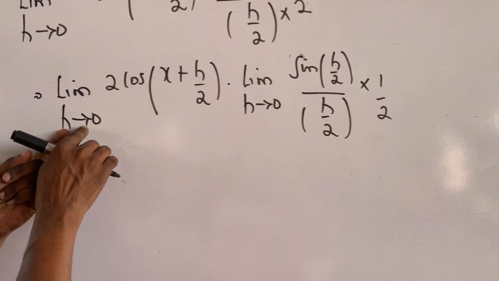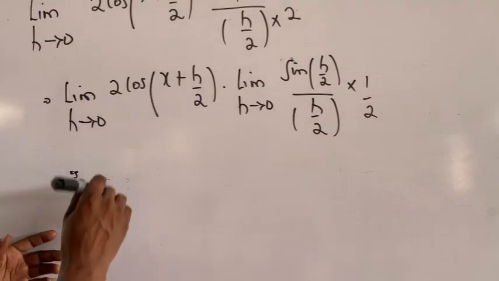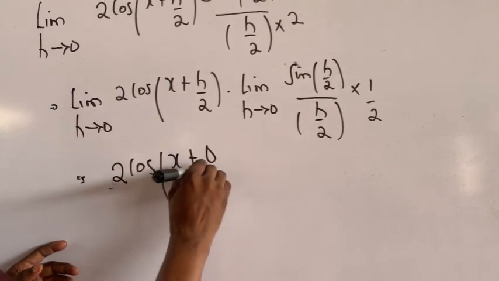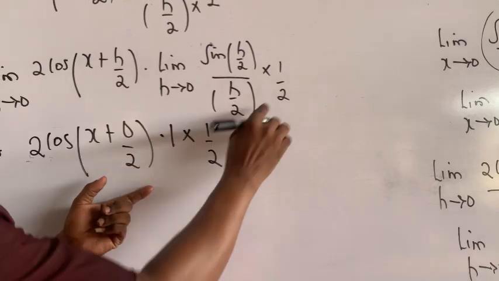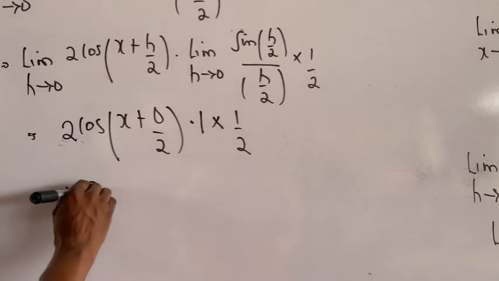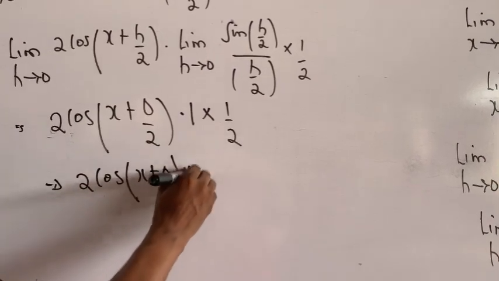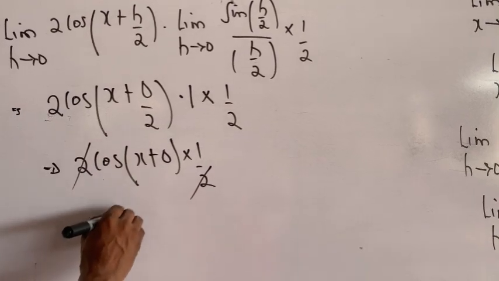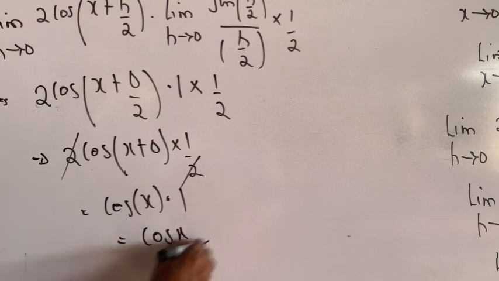So if I put my h approaching 0, this will give us 2 cos(x plus 0 over 2), which is simply 1 times, I'm still left with 1 over 2. So this will give us 2 cos x plus 0 over 2 is 0, times 1 over 2. So this 2 can remove this 2. I'm left with cos x times 1, and the answer is cos x.